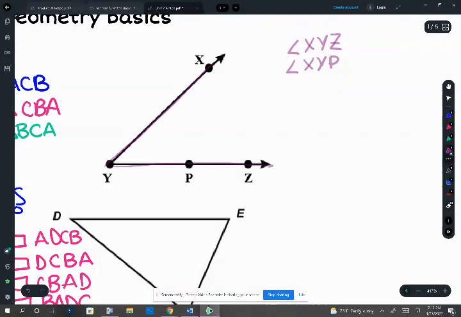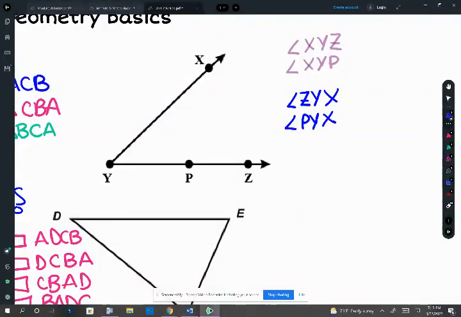Or I can name it the other way: Z, Y, X, or P, Y, X. But notice that I can't start with Z and go to X because it's not a closed shape.